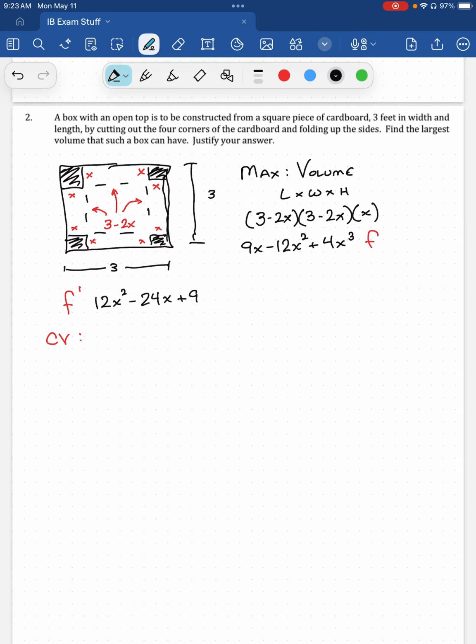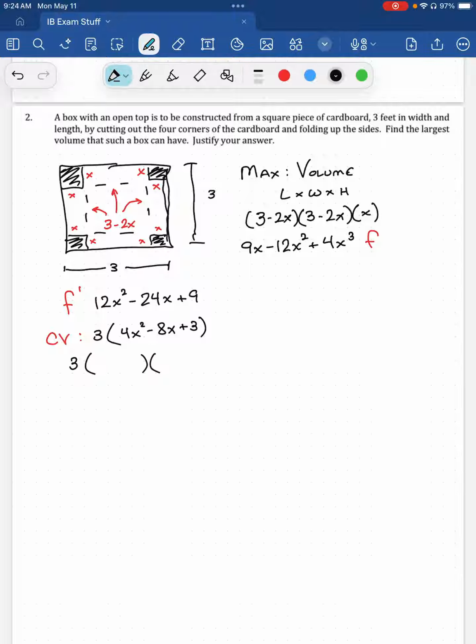So first off, they're all divisible by 3. So when I divide them by 3, I'm going to get 3 times 4x squared minus 8x plus 3. I need the factors of 12 that total 8. Those are 6 and 2. So that means we're going to have 3.